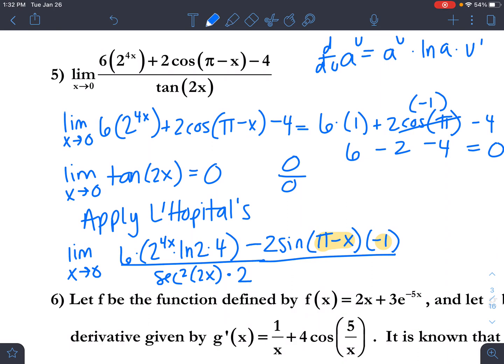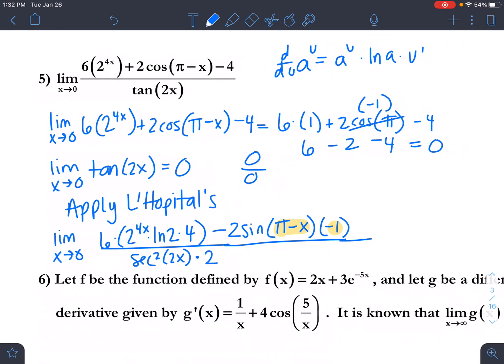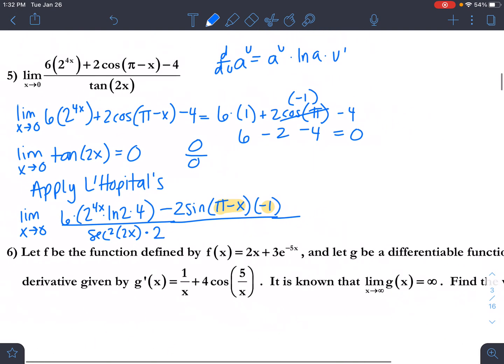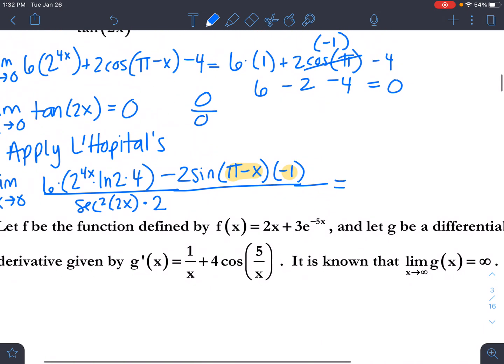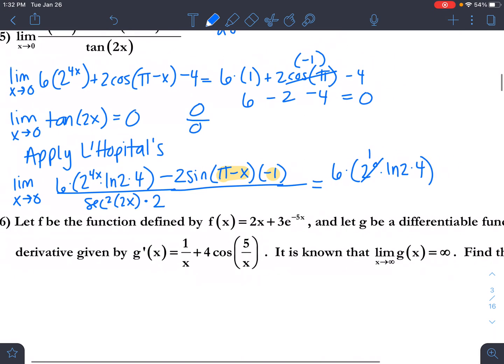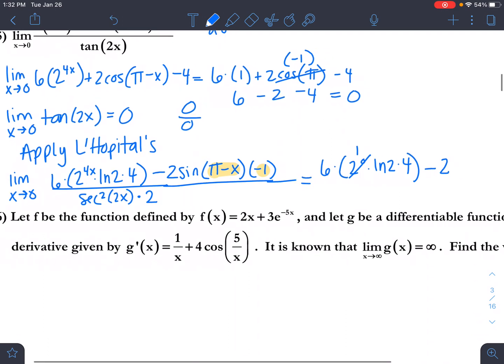All right, what else we got? Minus 4, well, that's just plus 0. This guy would cancel with the derivative. So if we want to rewrite this a little bit, or we could just plug in 0 and see what happens. The numerator here, we would get 6 times 2 to the 0th. So this cancels to be 1, times natural log of 2 times 4, minus 2 times, actually it's going to be plus.